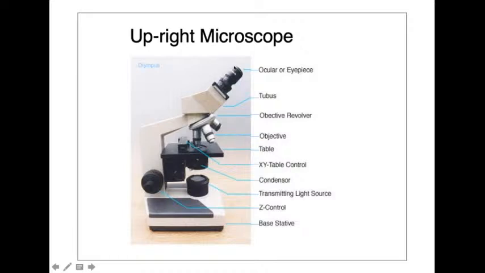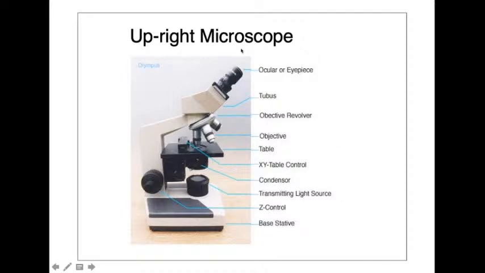There is an ocular, a tubus, an objective revolver, and the objective lenses. Then there's a table, the XY table control, condenser, transmitting light source, Z control, and base. So like this, you have the whole upright microscope.